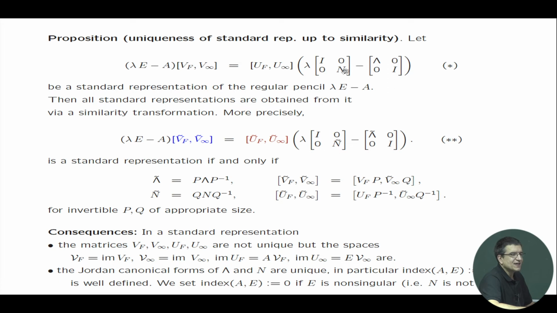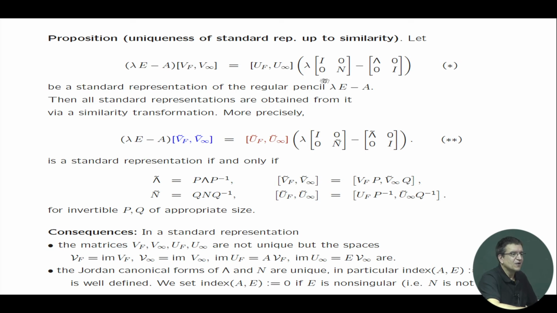As I already said, the matrix N and the matrix lambda are unique up to similarity, and indeed you can change the U's and the V's in such a way so that you can get all matrices which are similar to the given nilpotent matrix.